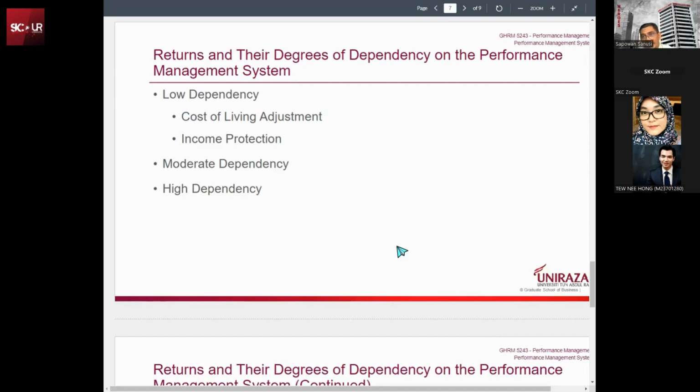And income protection. Maybe they give you hospitality benefit, and then they give you increment, substantial increment every year. So low dependency, you can example it to the government servant, the government department.